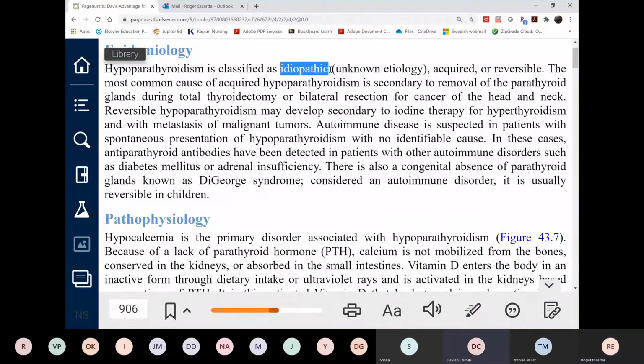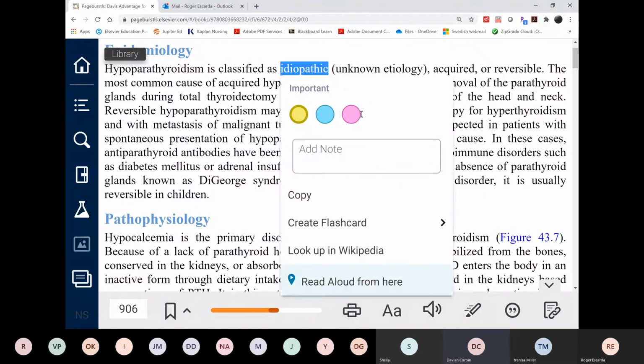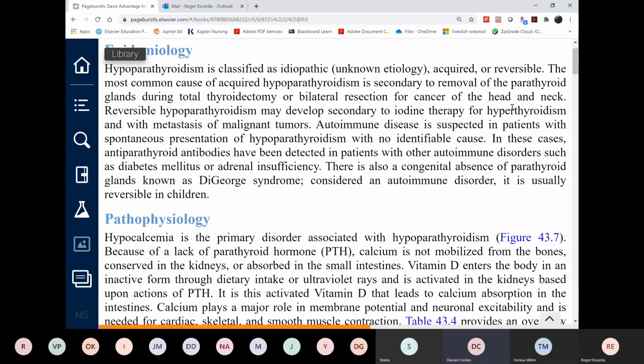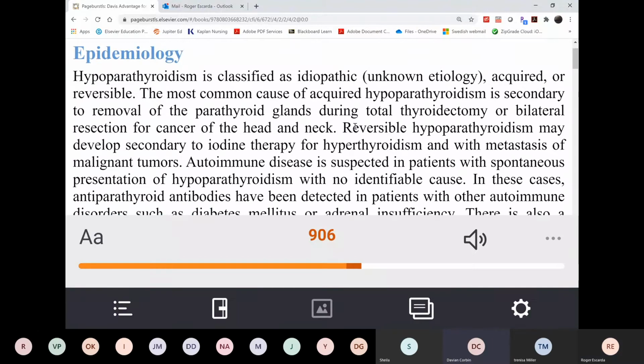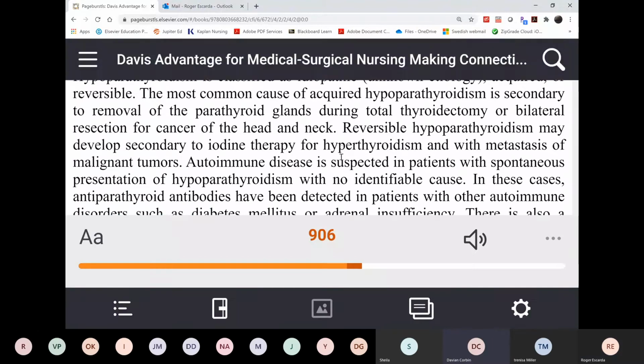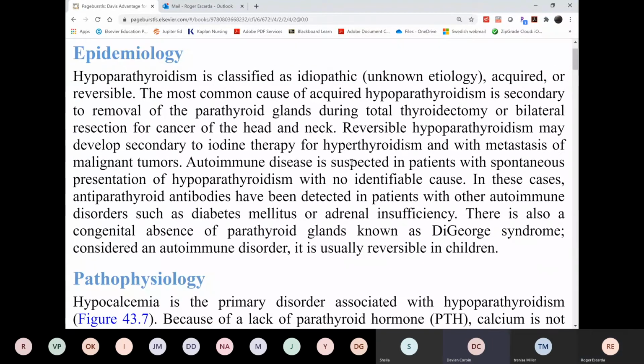Idiopathic, unknown etiology, acquired or reversible. The most common cause of acquired hypoparathyroidism is secondary to removal of the parathyroid glands during total thyroidectomy or bilateral resection for cancer of the head and neck.